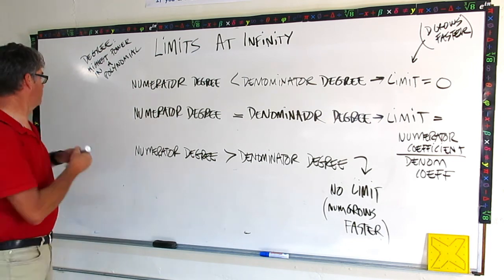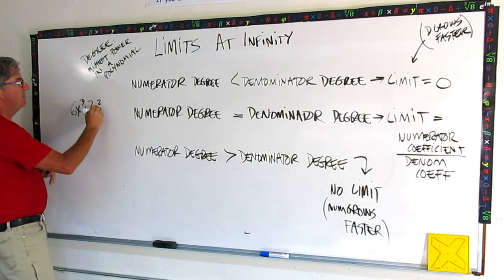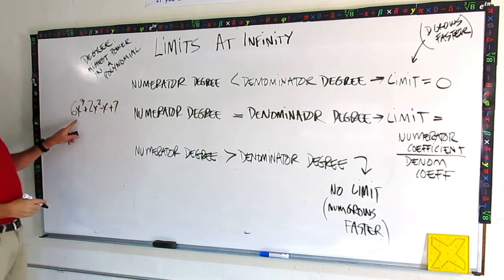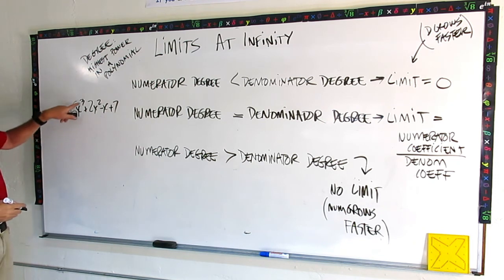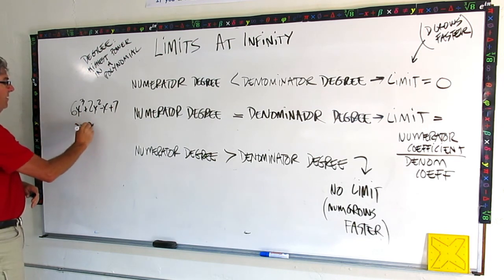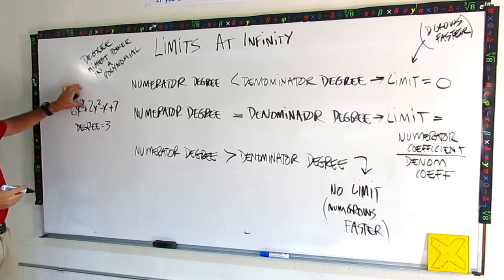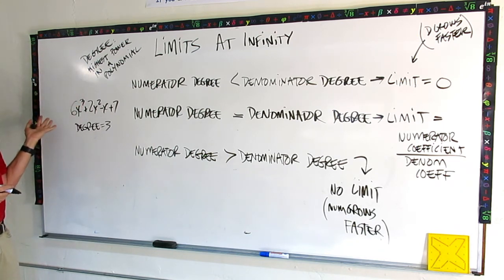So if it is 6x to the third plus 2x squared minus x plus 7, the degree of this polynomial is 3. It's just the highest power in the expression. That's all that is. So this is degree equals 3. Okay? If this was a 5, then the degree of that polynomial would be 5.